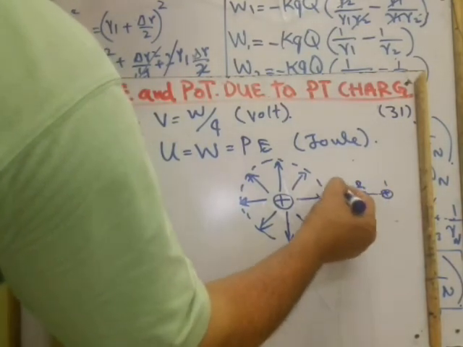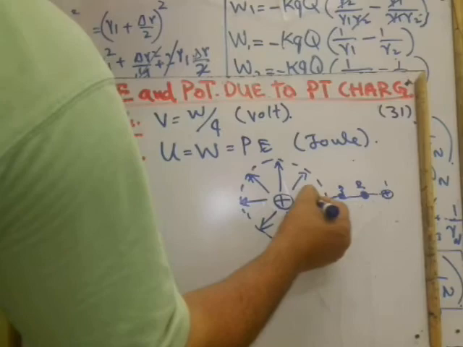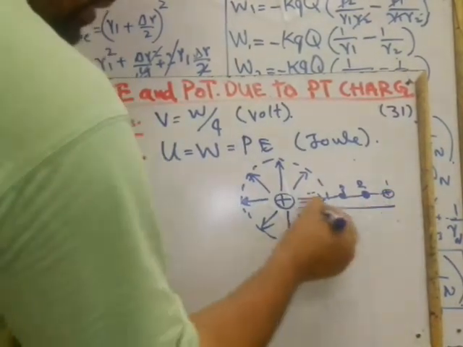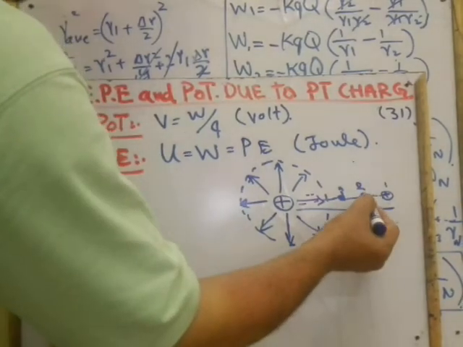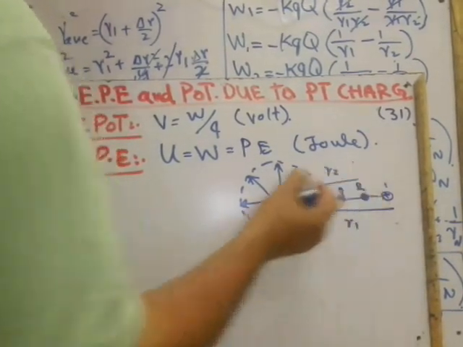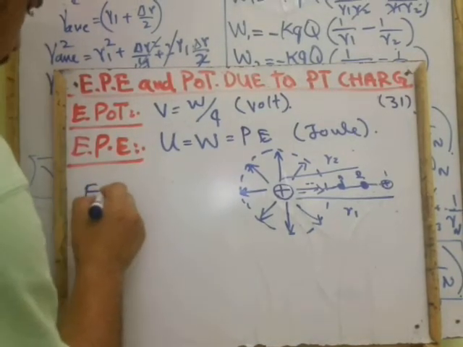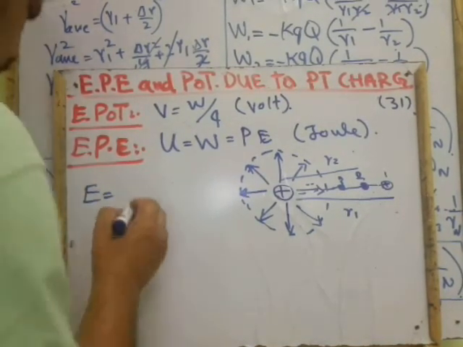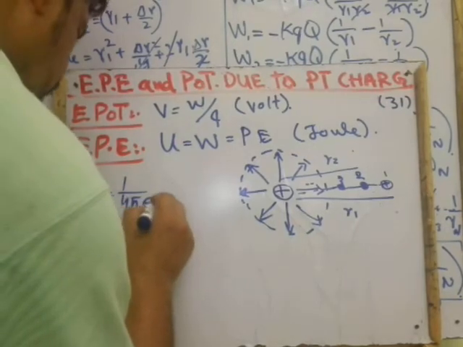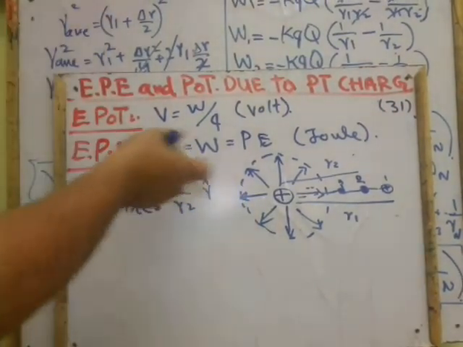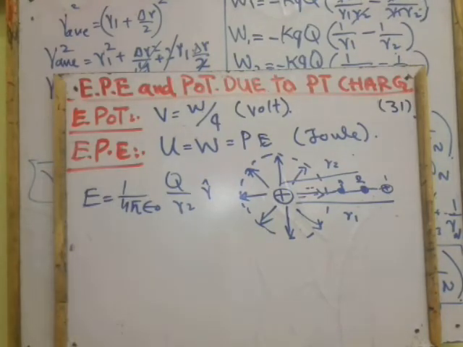Points 2, 3, 4 and so on. The initial distance is R1 and for the next step it is R2. The electric field intensity, already derived in previous lectures, is 1/4 pi epsilon naught, Q divided by R square, in the direction of the unit vector.